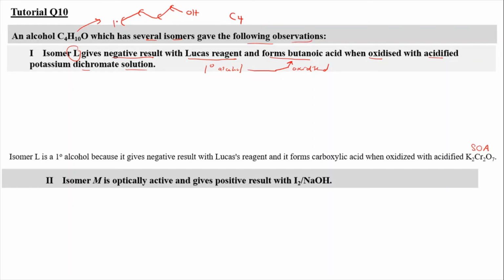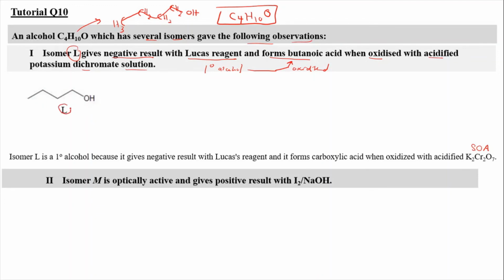If you complete your structure, H3, H2, H2, and H2 here, so what I get is 6 plus 1, 7 plus 3, 10. H10 O. So I know that it is consistent. So I know that L is going to be my structure here. Okay, which is butanol.